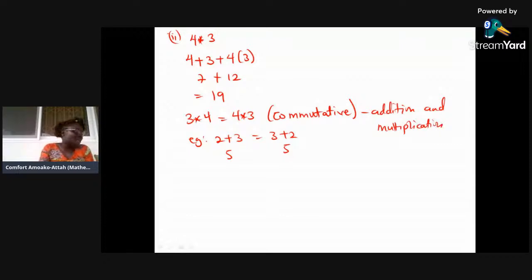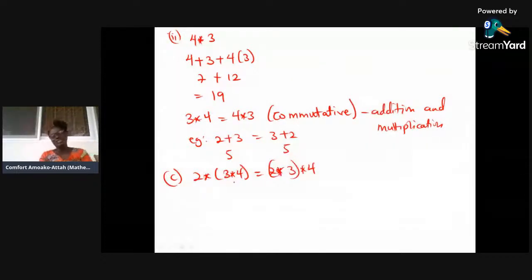Okay, then the B part. Okay, we've compared them. So let's move straight to the C part. C part is: show that 2 star bracket 3 star 4 is equal to 2 star 3 star 4.